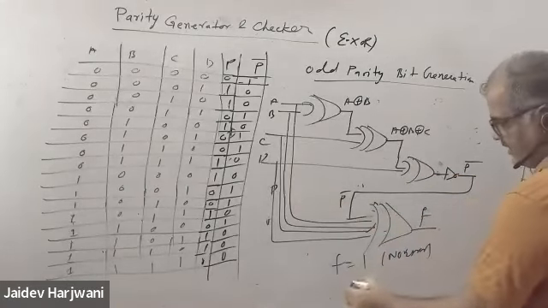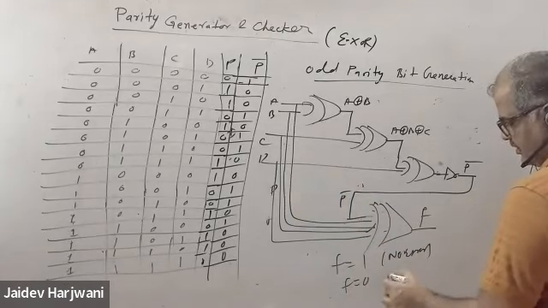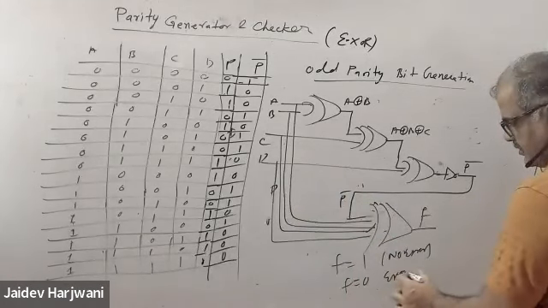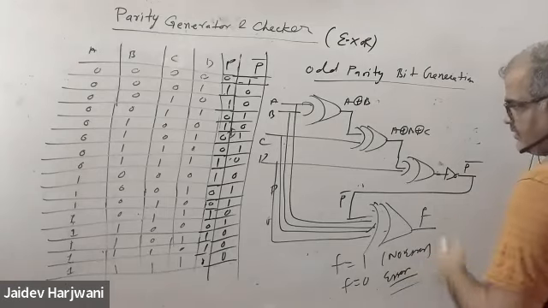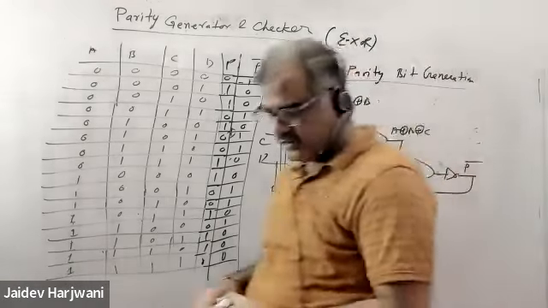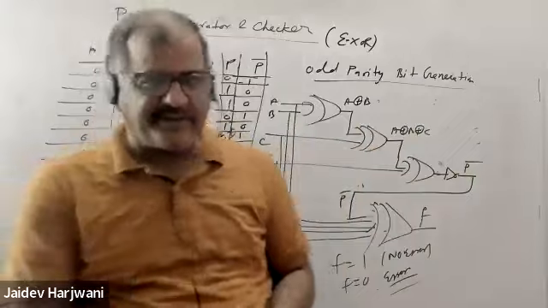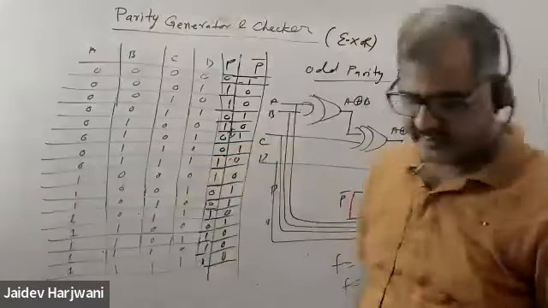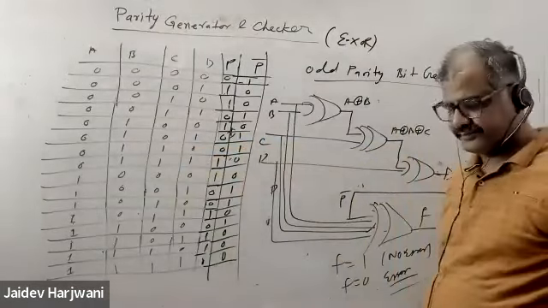All are odd parity. If F comes 0, then this is the error. So in this way, you can generate an odd parity number and you can check. Clear?